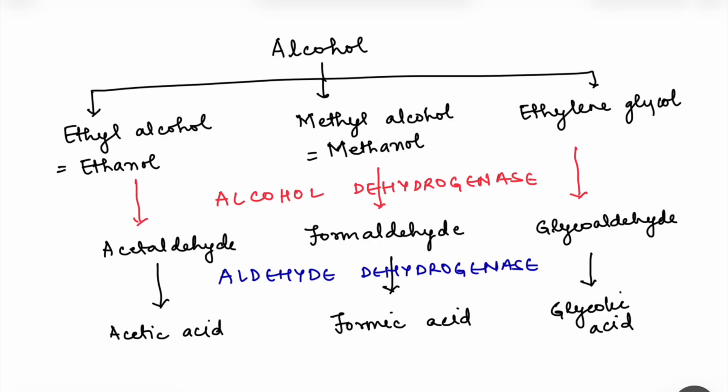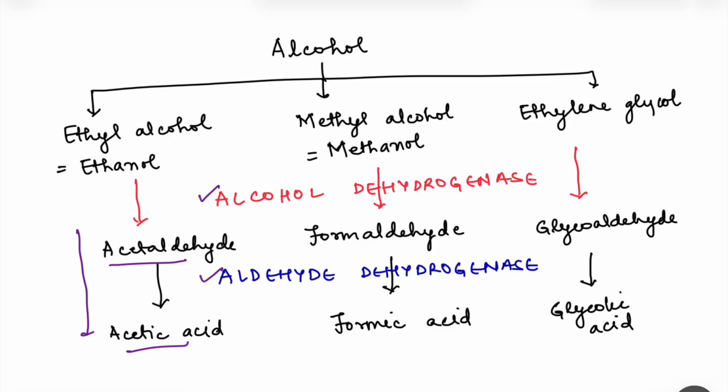First one is alcohol dehydrogenase and the next one is aldehyde dehydrogenase. So ethanol or ethyl alcohol is converted by alcohol dehydrogenase to acetaldehyde, and this acetaldehyde is converted by aldehyde dehydrogenase to acetic acid. And this conversion is quite fast and these products actually don't accumulate and they are not harmful in the body in the usual conditions.